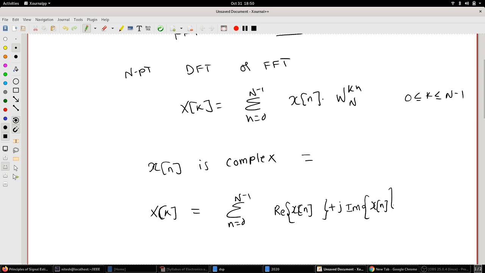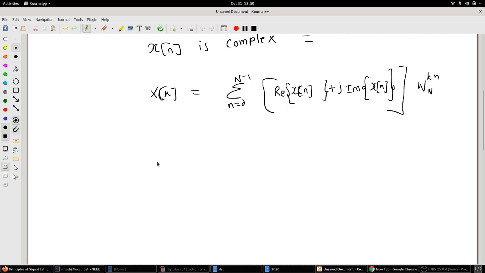This is multiplied by W_N^kn, which is again a complex number. This is cos of 2 pi kn over N plus j or minus j sine of 2 pi kn over N.